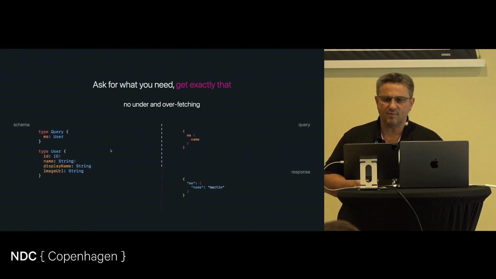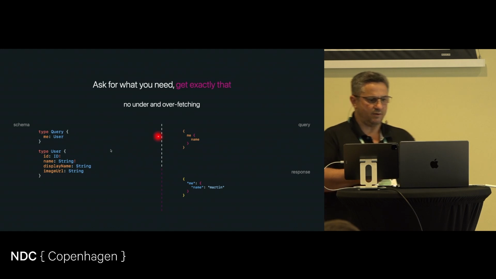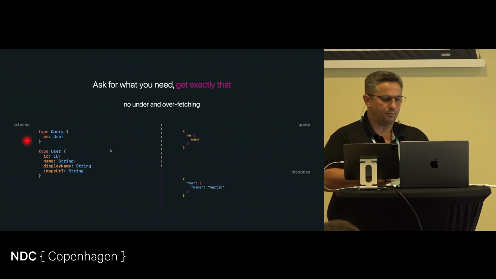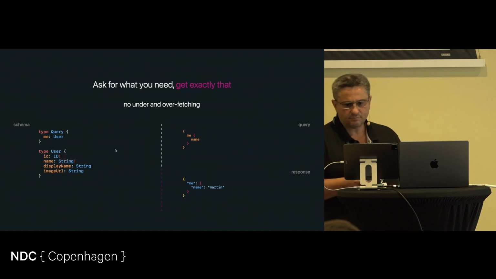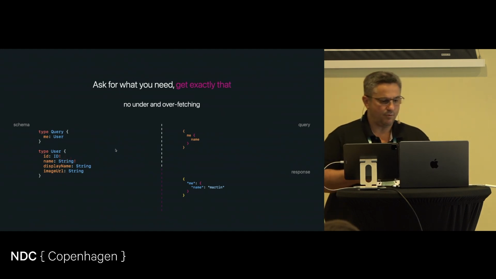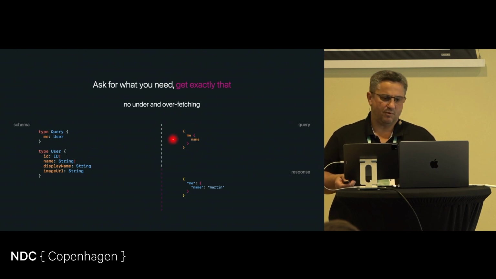The GraphQL schema, here we can see one, represents your business model, written in terms of types and fields, against which you can perform queries. Queries are mostly a way to specify fields that are exposed in that schema.